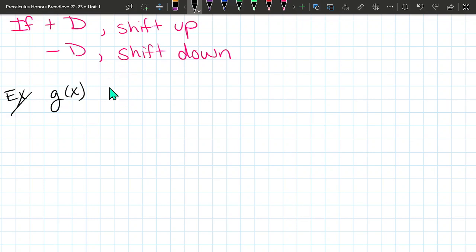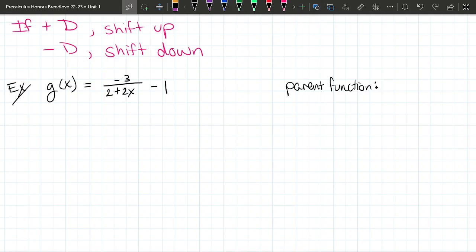G of x equals negative 3 over 2 plus 2x and then minus 1 on the outside. And you're going to need to state the parent and describe the transformations. So you give f of x and then describe the transformations that happen.